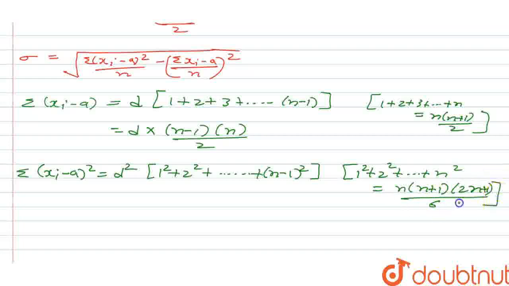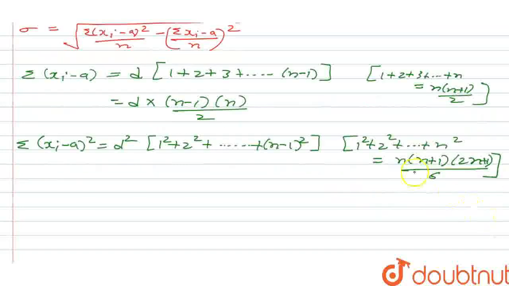But here till n minus 1 terms are there, so we will replace n by n minus 1. So it is going to give us d square into n minus 1, n, 2n minus 1 upon 6. D square by 6 only we write.